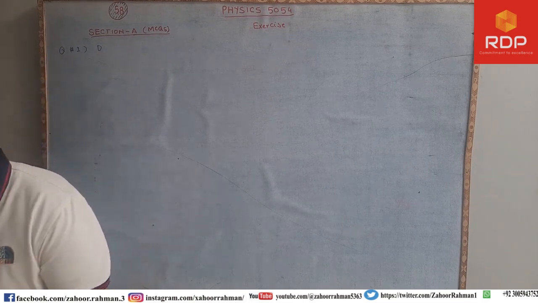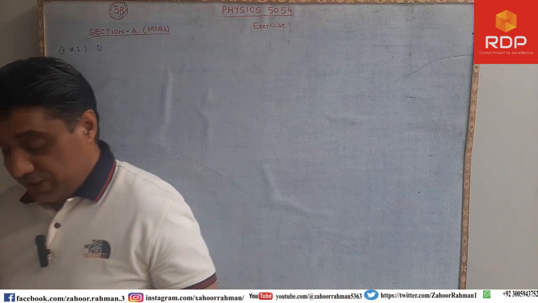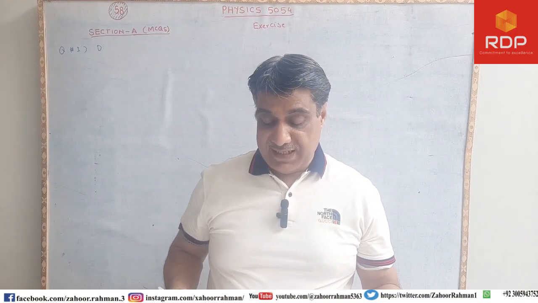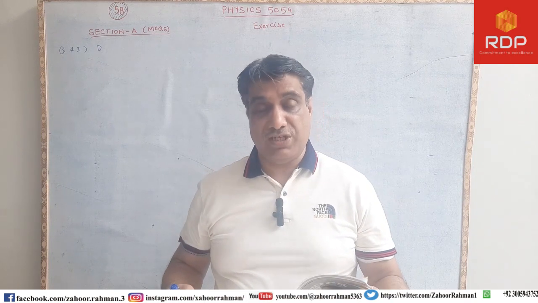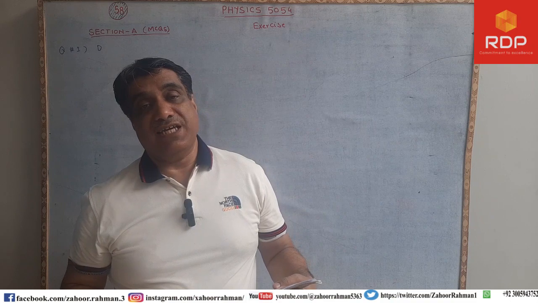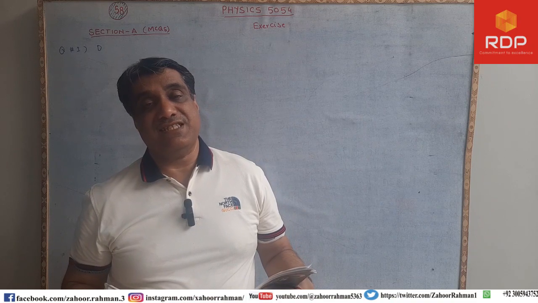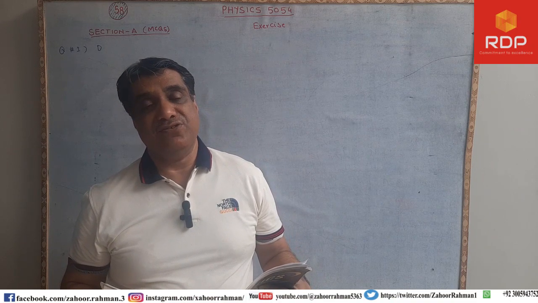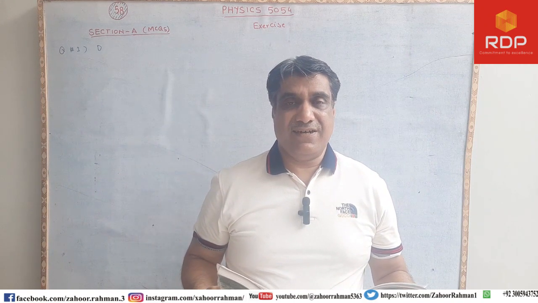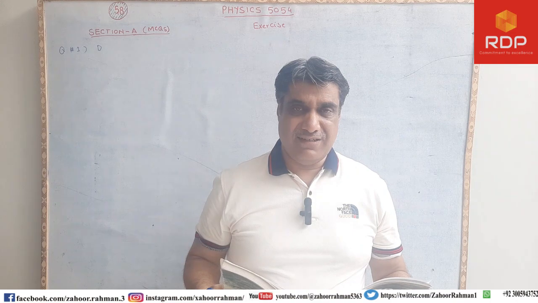Now let us turn our focus to question number 2. The specific heat capacity of a substance is the amount of heat required. Ladies and gentlemen, what are you saying? We discuss these things in greater detail. You must answer me in this regard. What is your answer?